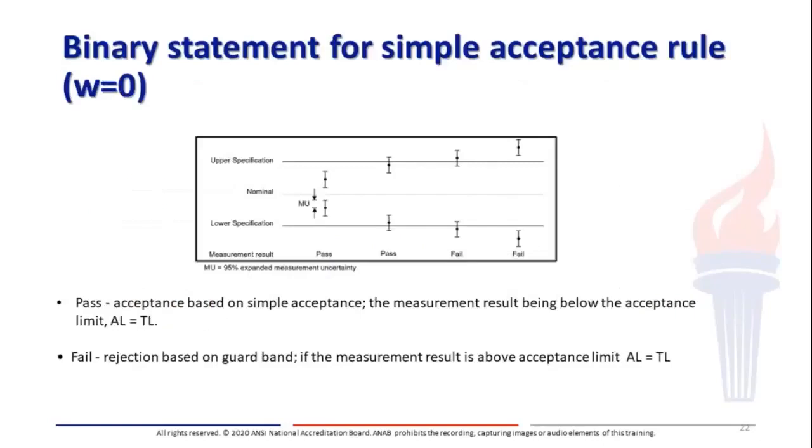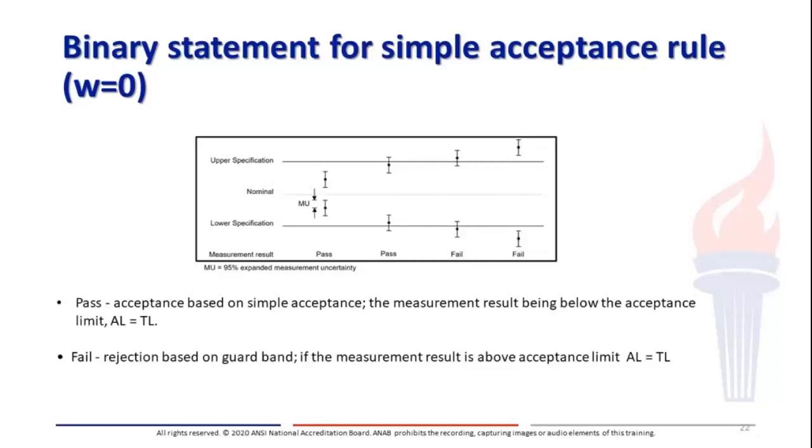Looking at it from another perspective, the simple acceptance rule, there's a really good possibility here that we're 50% right or 50% wrong. Those cases are the middle two examples. The first example on the left, where the measurement is found with the extension of uncertainty, both situations fall inside the upper and lower specification limits, so we can effectively say that it passes.